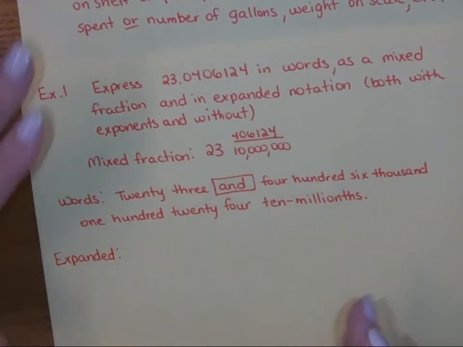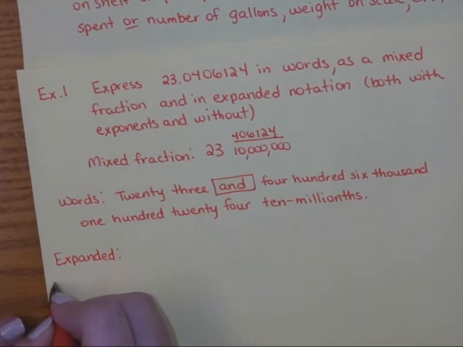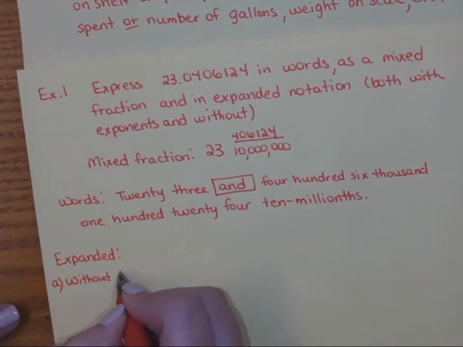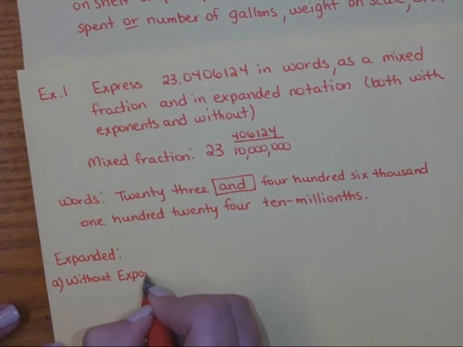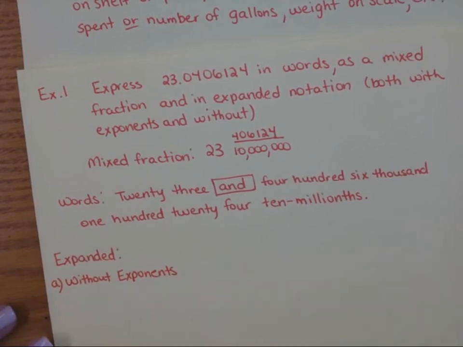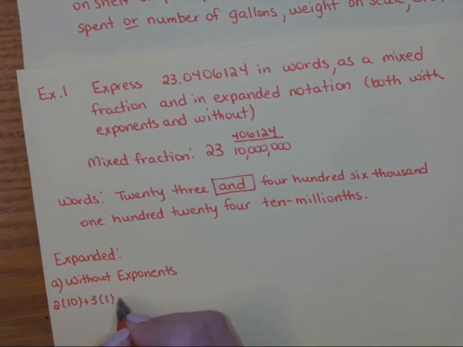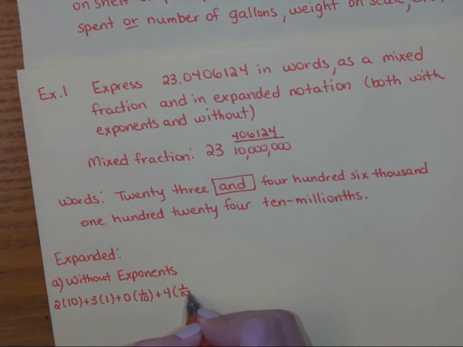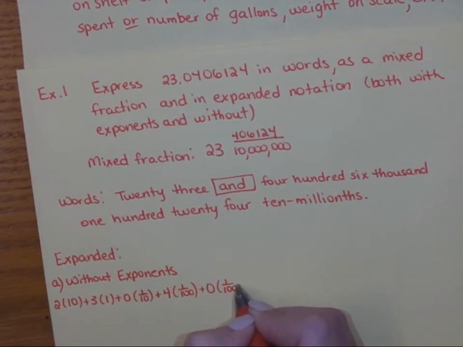Okay, expanded notation, both with and without exponents. Let's do without first. Every digit is going to have a value associated with it. We'll start with the 2. It's in the tens place. We have a 3 in the ones place. We have a 0 in the tenths place. Notice I'm even going to mark zeros. We have a 4 in the hundredths place. We have a 0 in the thousandths place.